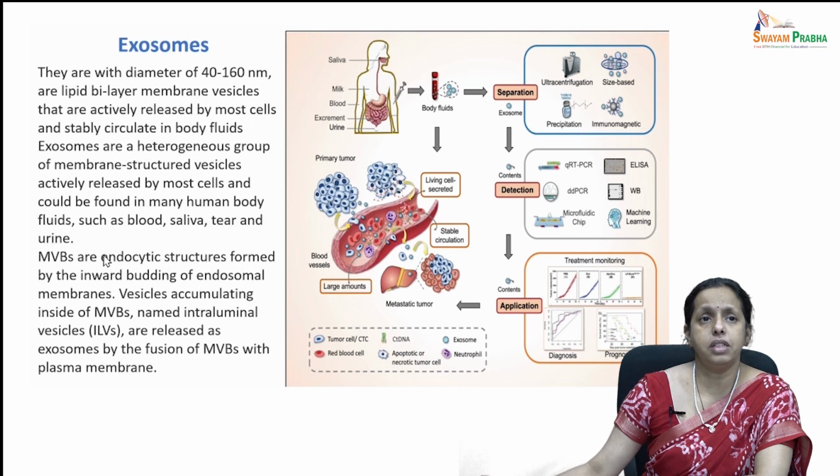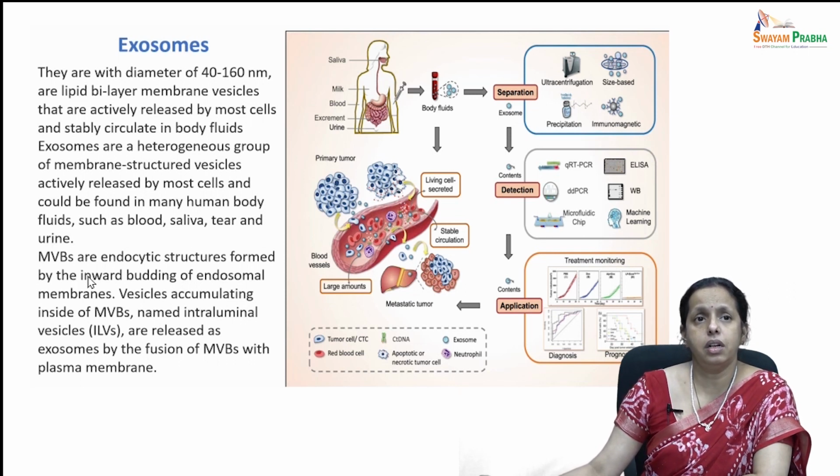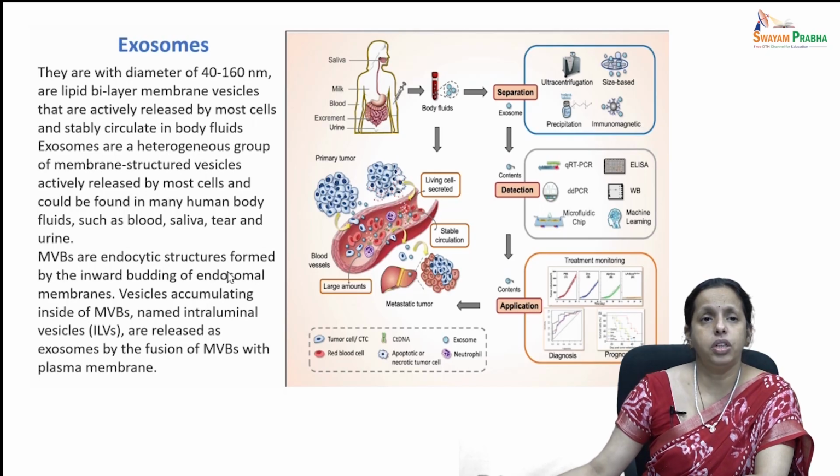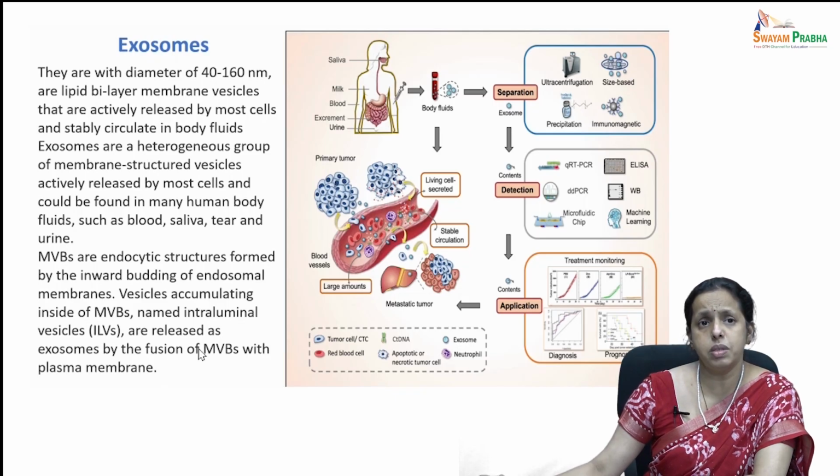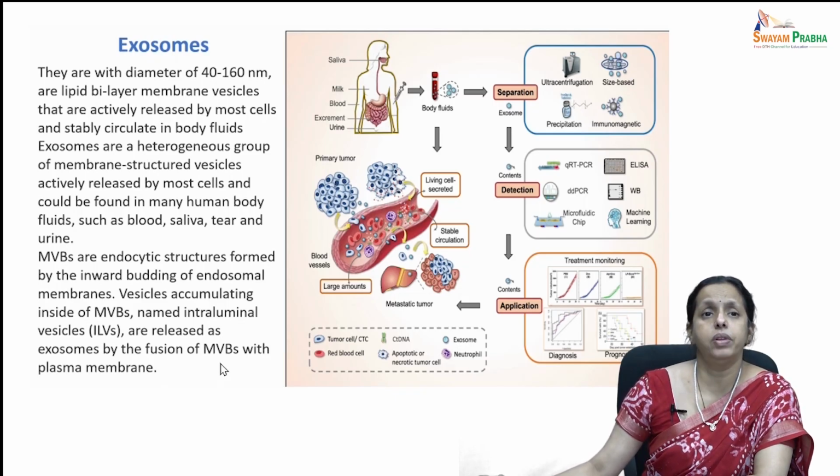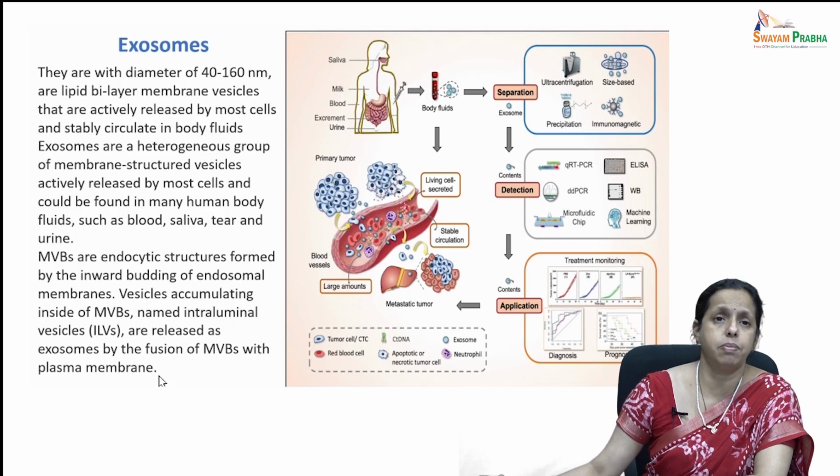The MVBs, or multivesicular bodies, are usually endocytic structures formed by the inward budding of endosomal membranes. Vesicles accumulating inside these membrane vesicular buds, namely the intraluminal vesicles, are released as exosomes by the fusion of these MVBs with the plasma membrane.